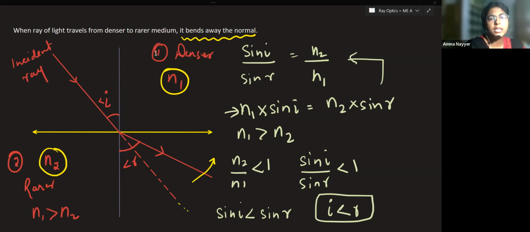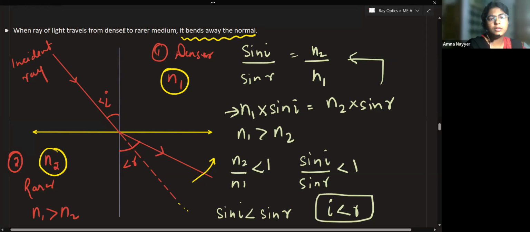Okay. Now, if the ray travels from rarer to denser medium, it won't bend away from the normal. This will bend towards the normal.